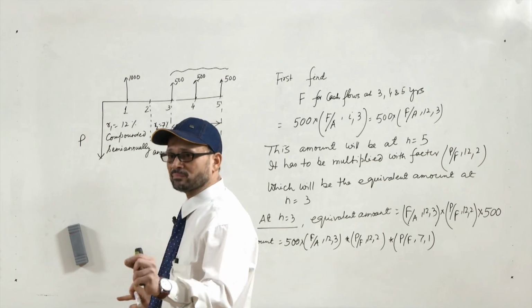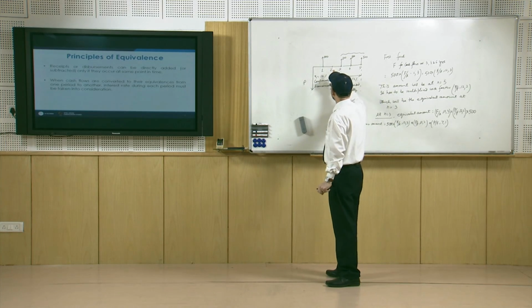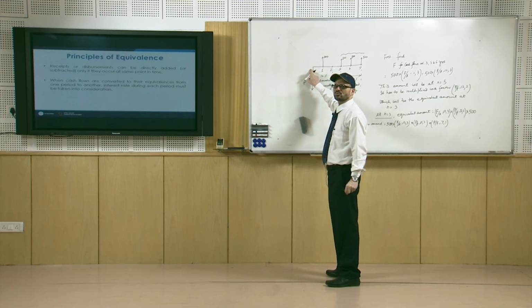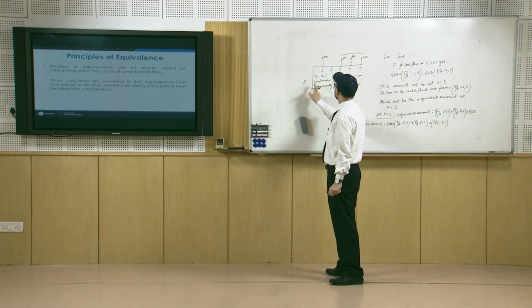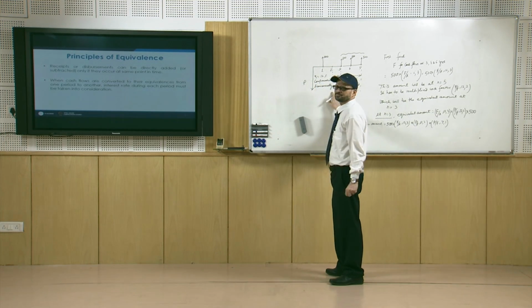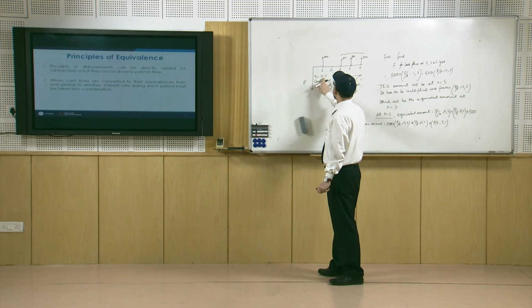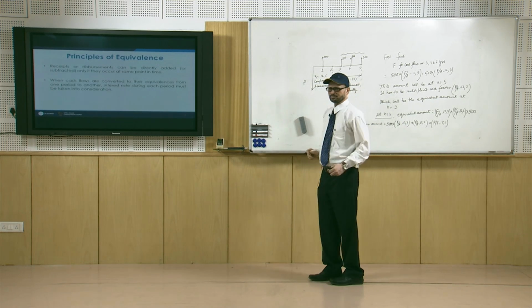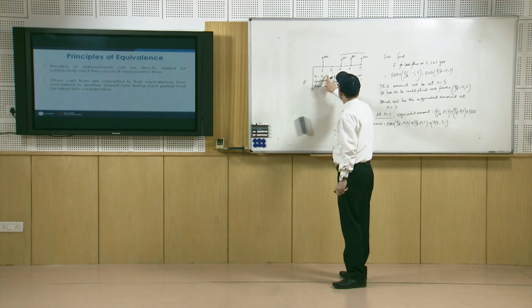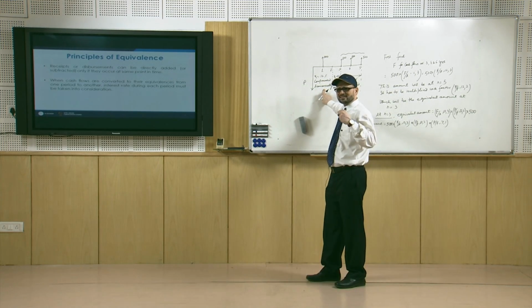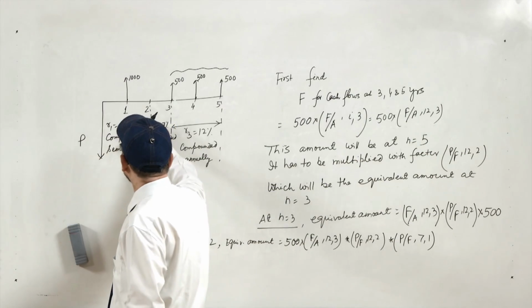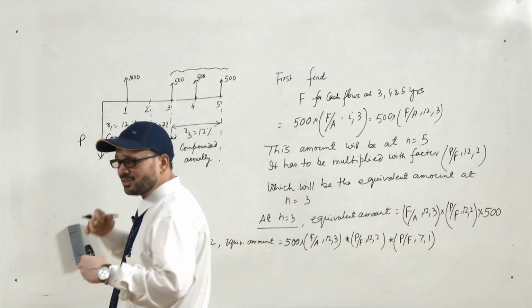Your ultimate aim is to get the value of P at n equal to 0. Now, during this 0 to 2 years, the interest rate is 12% compounded semi-annually. You can interpret this as 6% for every 6 months.